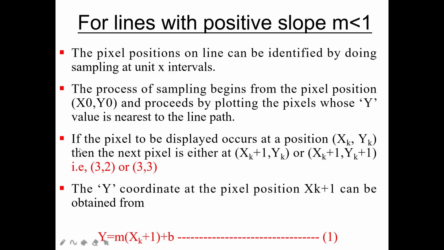Let me take the position value as xk comma yk. So what will be my next position? The x value has to be increased, so if I increase the x value, I get xk plus 1 comma yk. The next pixel value can be this.